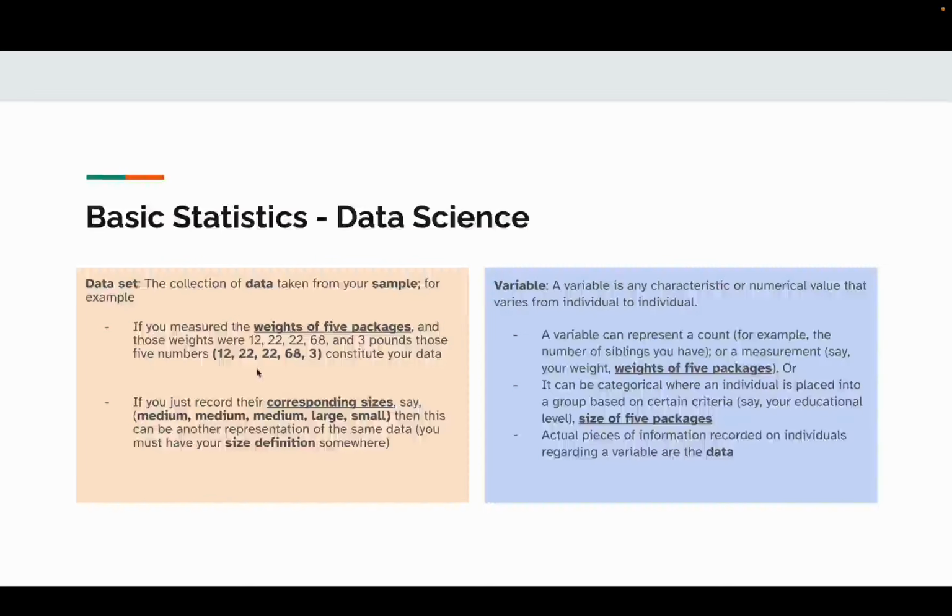Today you have 5 packages that came to your office, and their weights in pounds are: 12, 22, the third one is again 22 pounds, the fourth one is 68 pounds, and the very last one is 3 pounds. So these are the 5 packages you received. So your data is 12, 22, 22, 68, and 3. This constitutes your data.